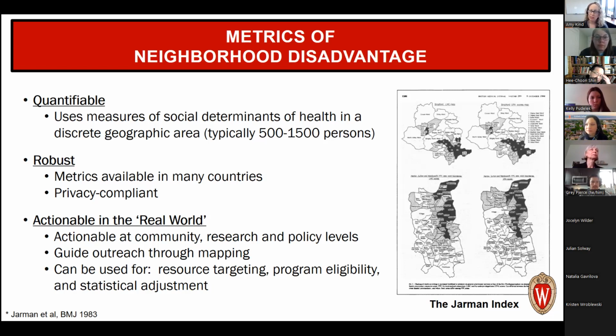So he built one of these indices based on those classic social determinants of health and identified on these maps, which happen to be areas of England, Bradford being one of the areas, if you know that area, the York area. The Black areas were most disadvantaged, the white were the least on these maps. This comes from his original landmark BMJ publication.